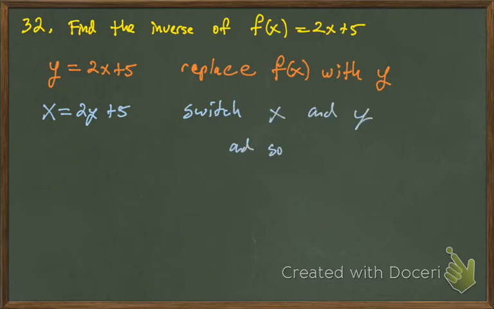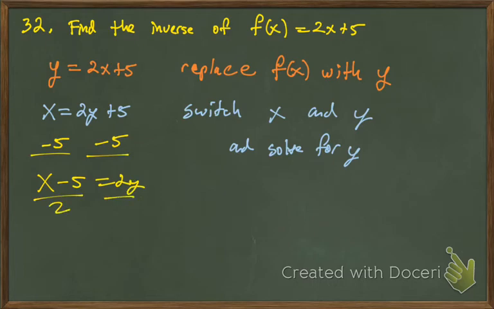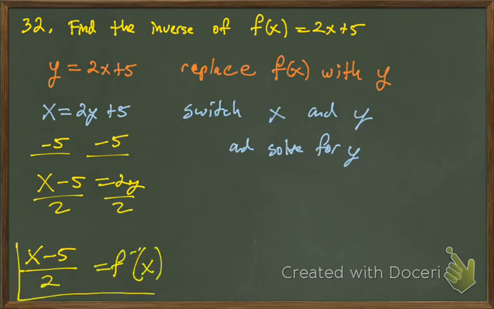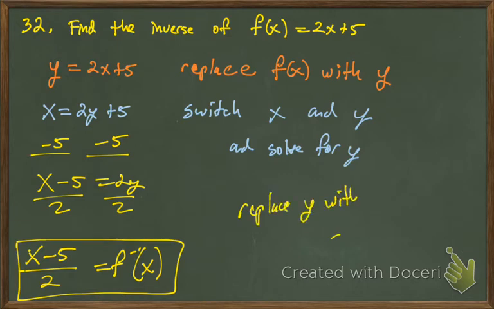So we'll solve for y by subtracting 5 and then dividing by 2. And then we'll replace y with f inverse of x. Okay, so last step, replace y with f inverse of x, and that's your inverse function.